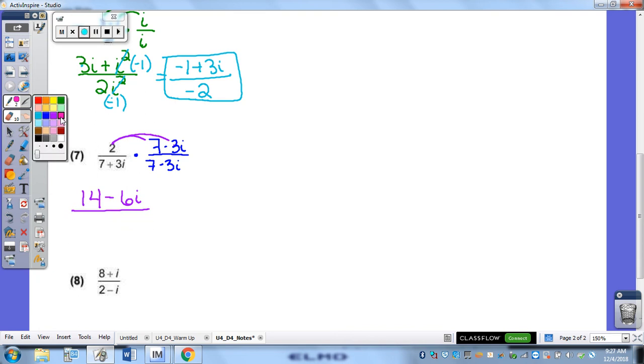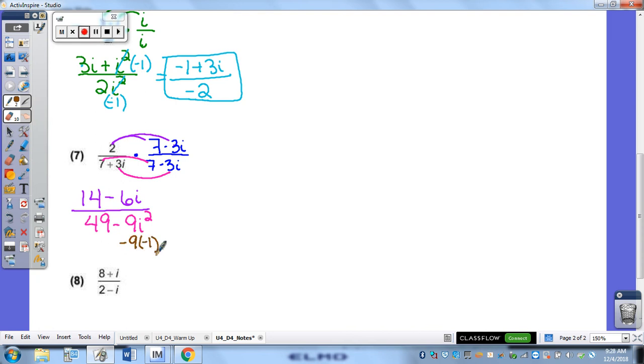In the bottom, since they are conjugates, remember you just have to multiply those first terms. So 7 times 7 gives us 49. Multiply those second terms together, gives us -9i squared. 3i times -3i is -9i squared. Again, conjugates, that's what you do. Just multiply the first, multiply the last. So the only thing we have to clean up is down here in this denominator.